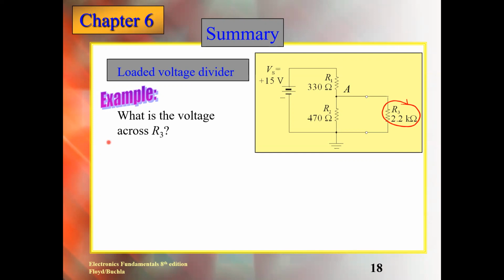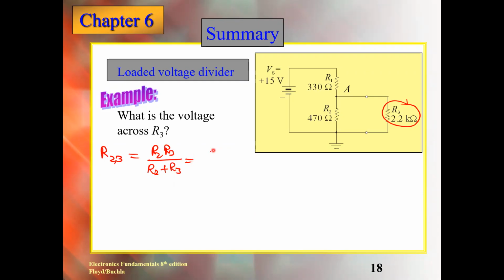R2 multiplied by R3 over... We need to find a parallel combination. We can give the name R23, or R2,3. Then write the formula: R2 R3 over R2 plus R3.